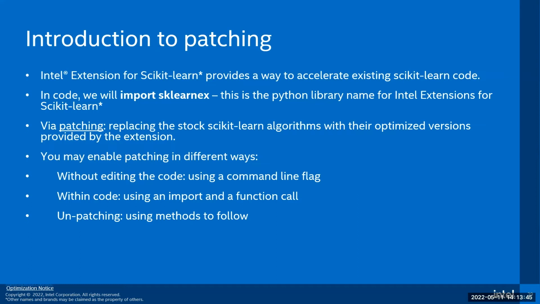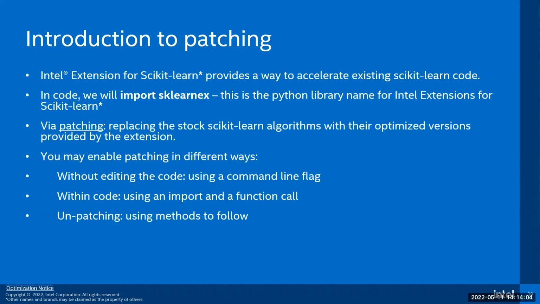What you need to do is replace the stock scikit-learn by patching it. There are different ways of applying the patch to scikit-learn, which we'll see in the following slides.